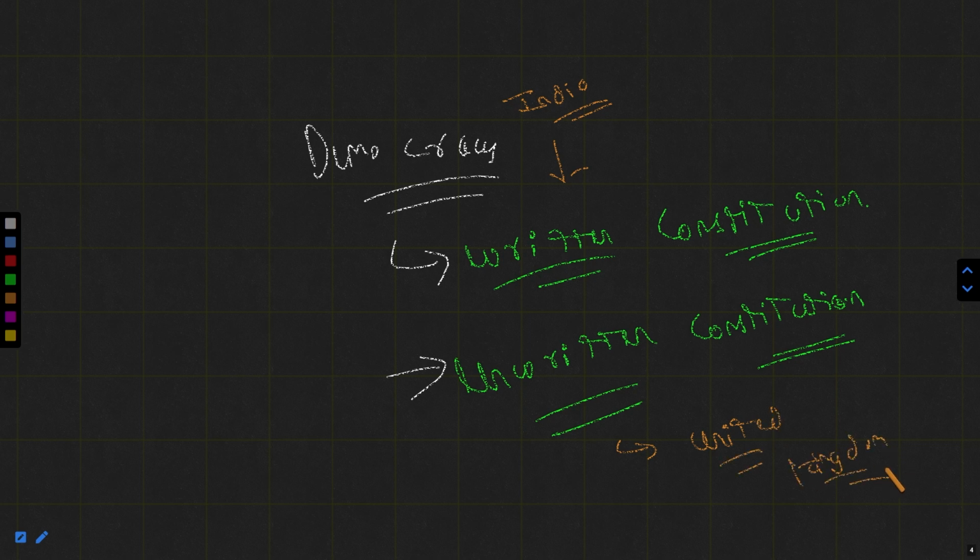In a written constitution, every set of rules is written down. You can say it's generally a guidebook. In India we have a written constitution, which means every action which the government is going to take is pre-planned as per the constitutional provisions.